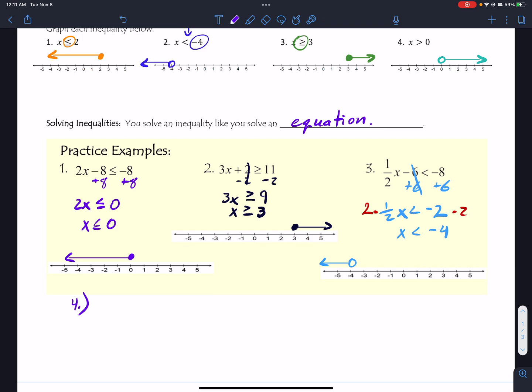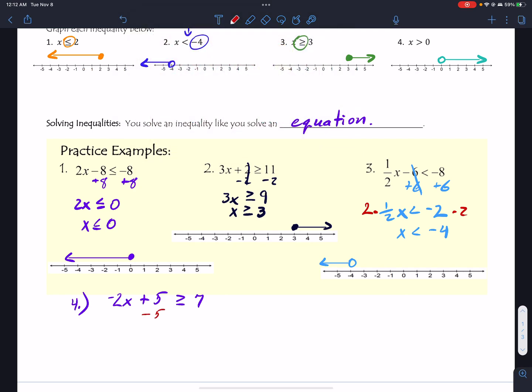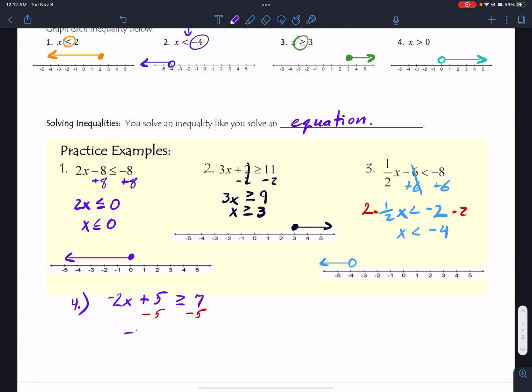What if I have negative 2x plus 5 is greater than or equal to 7? That'll work. All right. So the first thing I'm going to do is subtract 5 from both sides. And so that leaves me with negative 2x is greater than or equal to 2.